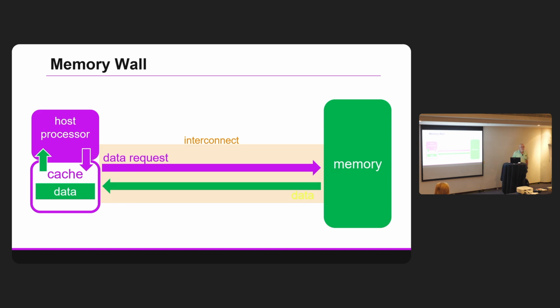And you hope that you'll hit in the cache often enough to hide some of the latency and bandwidth issues. But over time, caches have become less effective as applications get bigger, because cache locality goes down as your data set gets larger and larger.